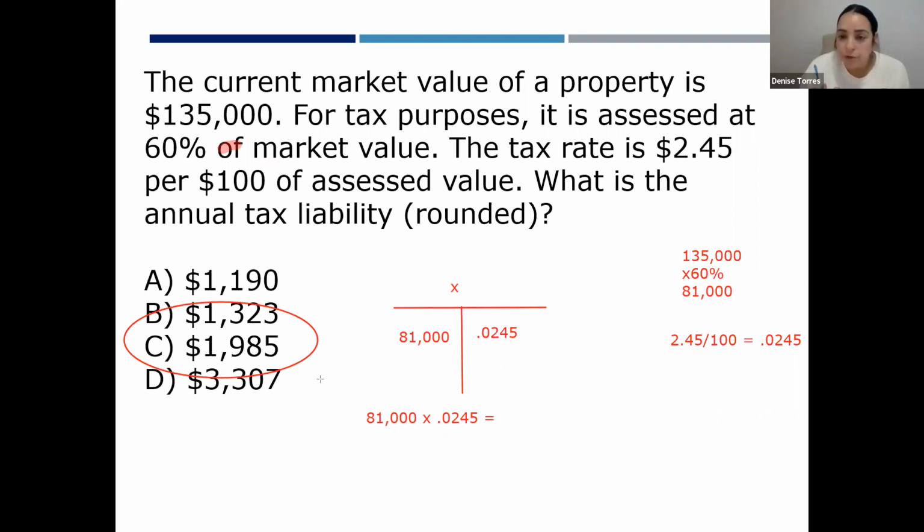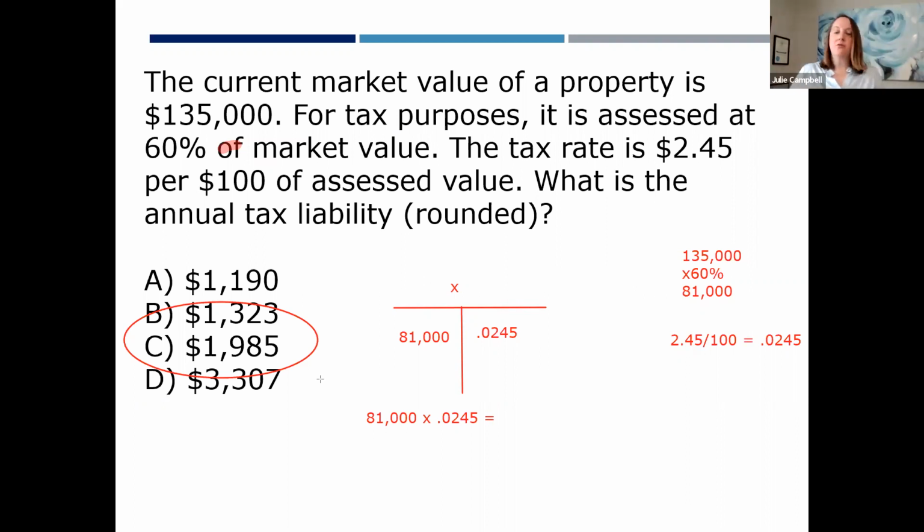You did 2.45 times 100? Divided by 100. Right? Okay. I got it wrong because I did the 135, but I divided it by 12 for some reason, per month for the year.